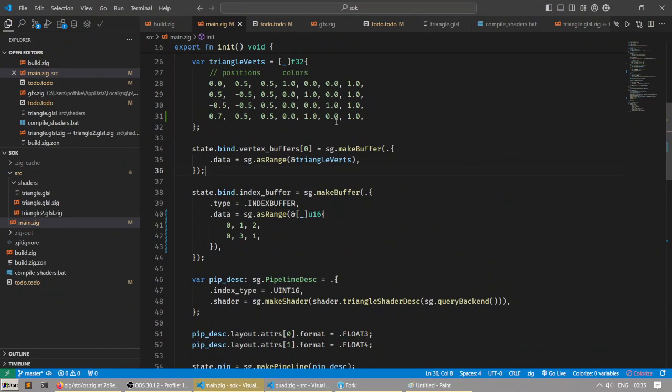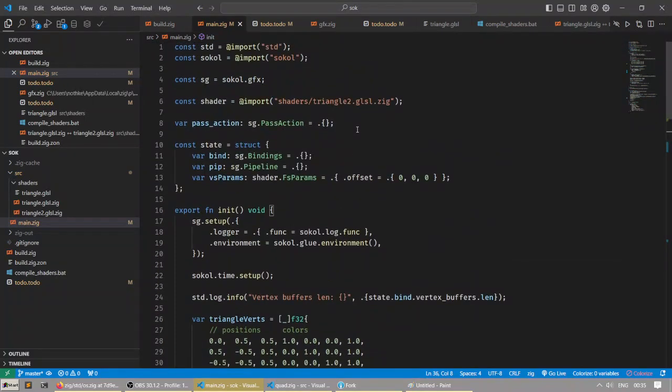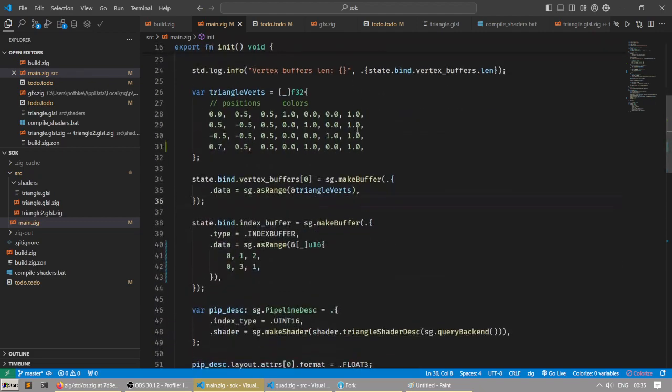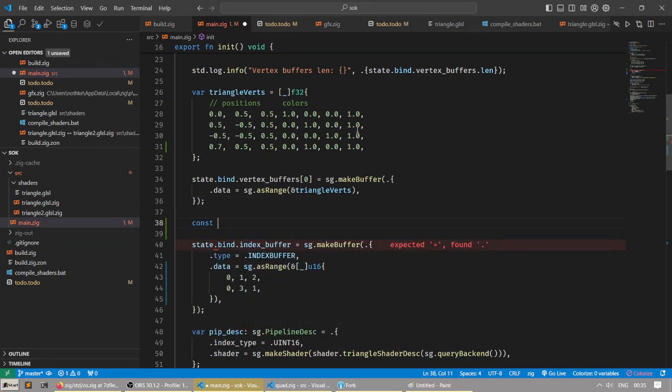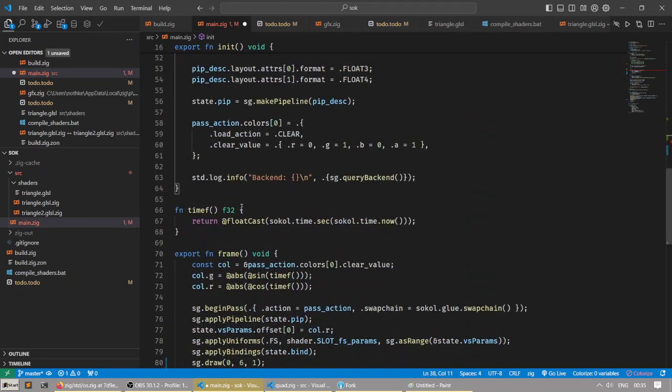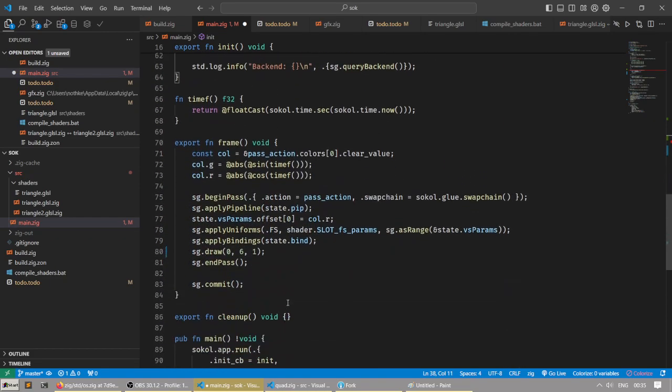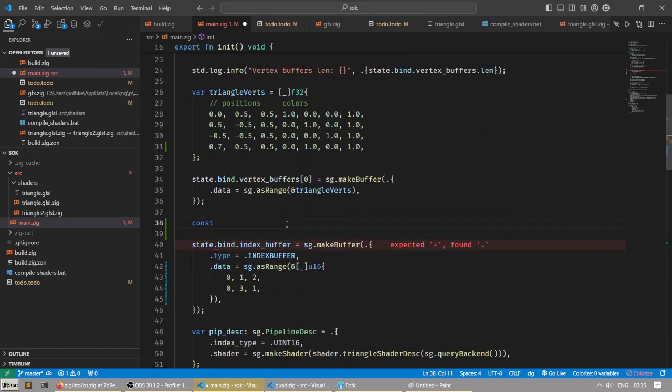Should I do the index buffer as part of the state? Well, I don't need to save the state at all. That's the thing. I could provide a const. Oh yeah, well, here it is. Here is how we can transfer the number so that I don't have to edit it every time I change.